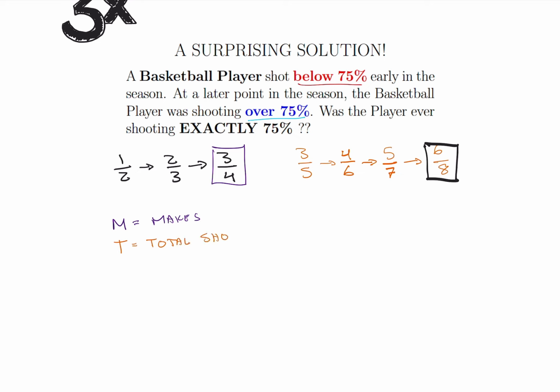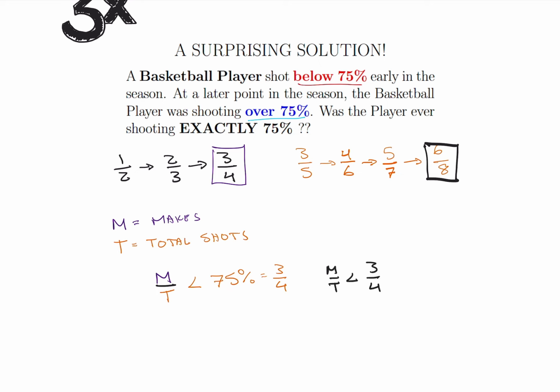So I'm shooting T total shots and I'm making M shots. In order for us to be less than 75% at the beginning of the season, M divided by T is less than 75%, which is 3 out of 4. So M over T is less than 3/4.